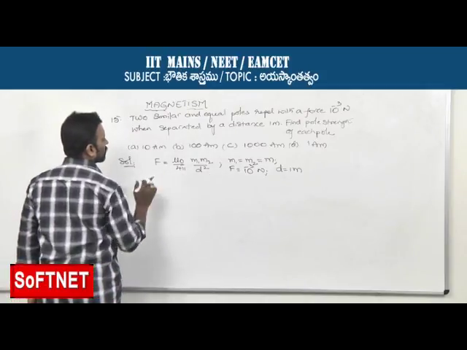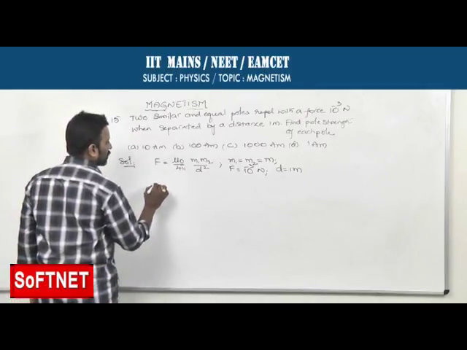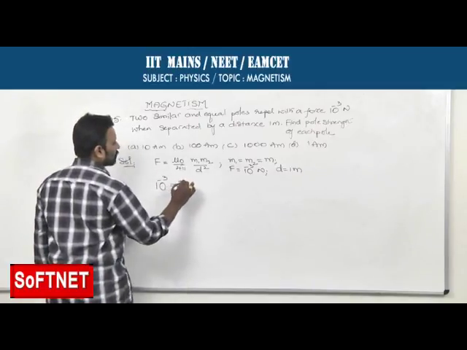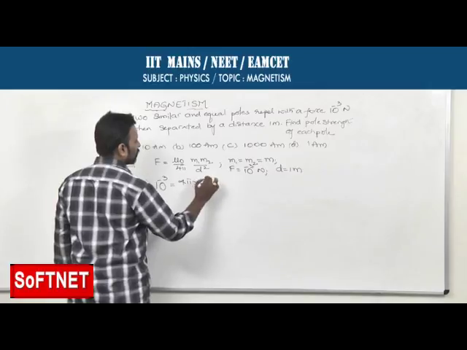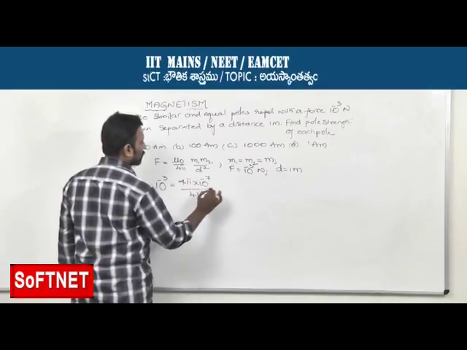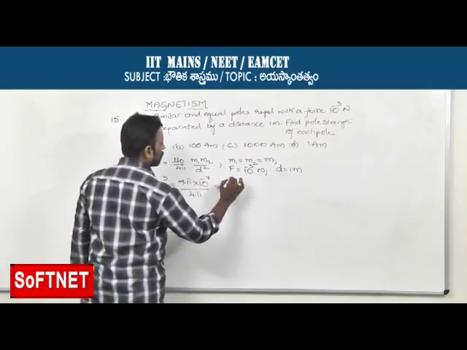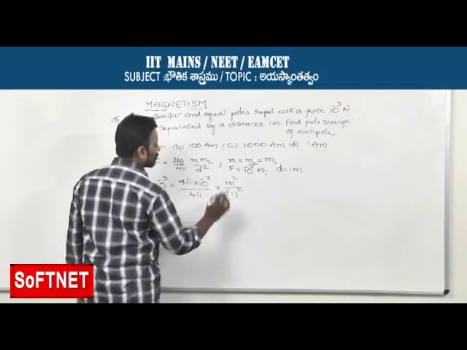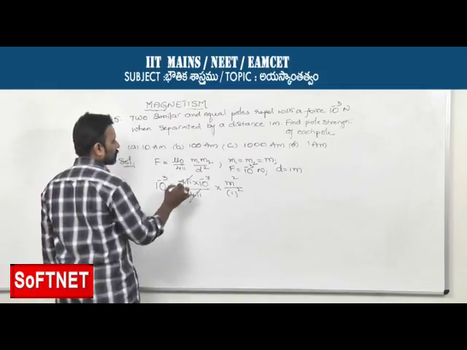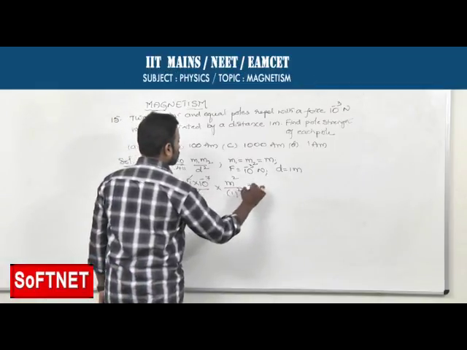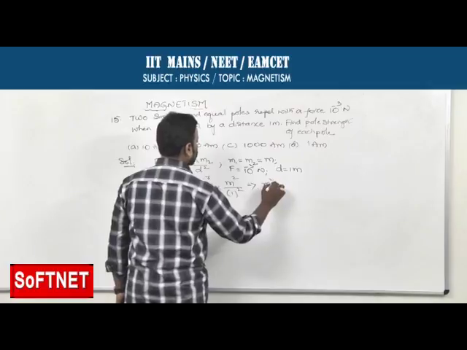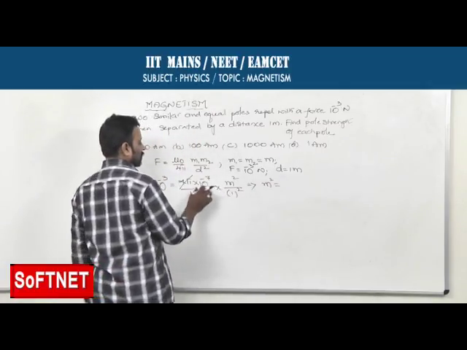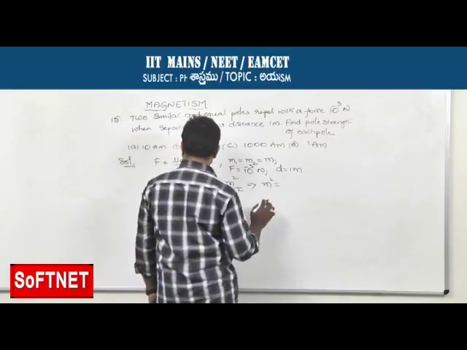When you substitute this data in this relation, we get force 10 power minus 3 is equal to mu naught value 4 pi 10 power minus 7 by 4 pi, m into m, that is m square, by distance 1 meter. So here m square is equal to, when you transfer 10 power minus 7 to the other side, it becomes 10 power plus 7.